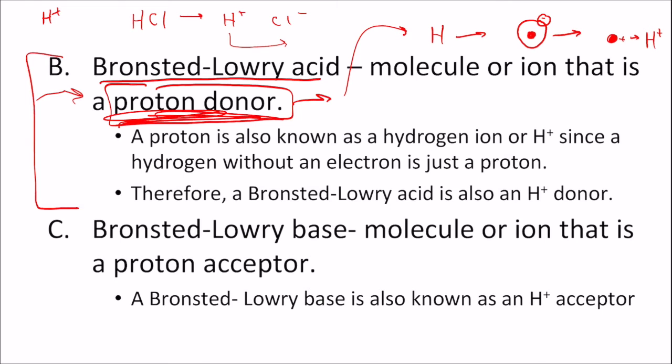That's the definition for a Bronsted-Lowry acid. A Bronsted-Lowry base is a molecule or ion that is a proton acceptor, so it's something that takes in H+. Now let's talk about the other example, NaOH. This was an Arrhenius base because when you put this in water, it'll break apart into Na+ and OH-.